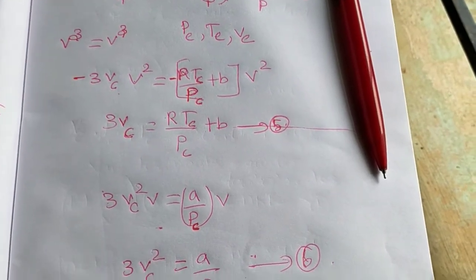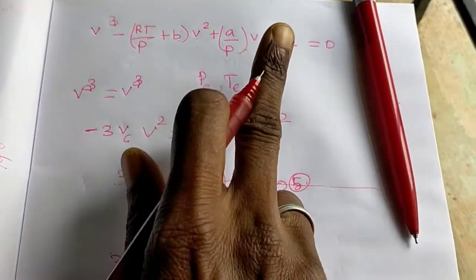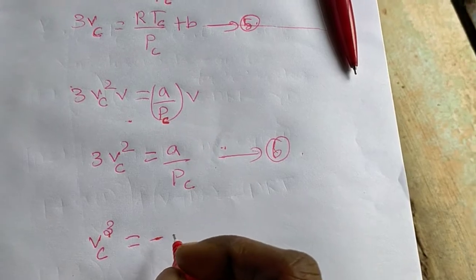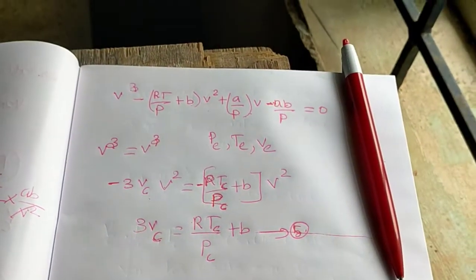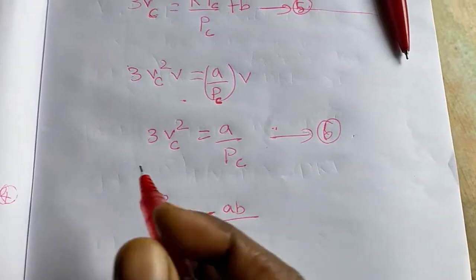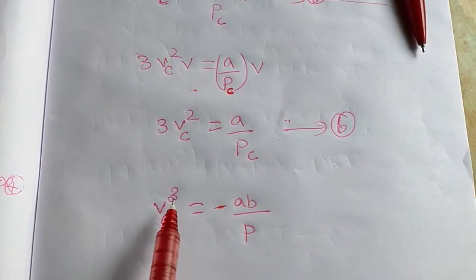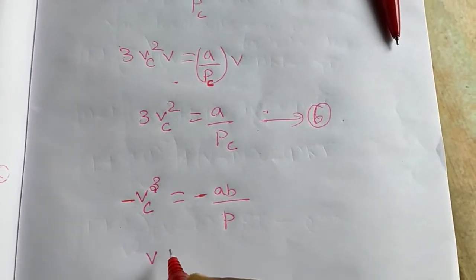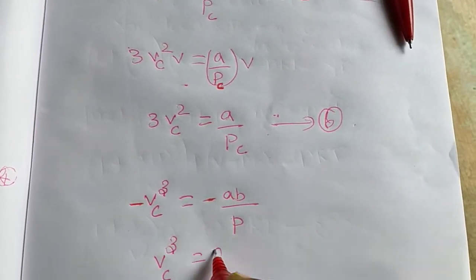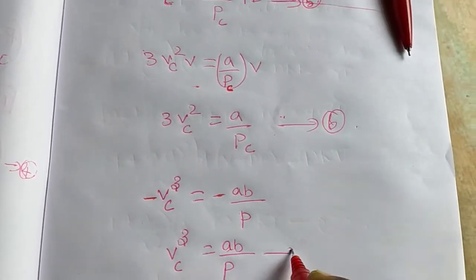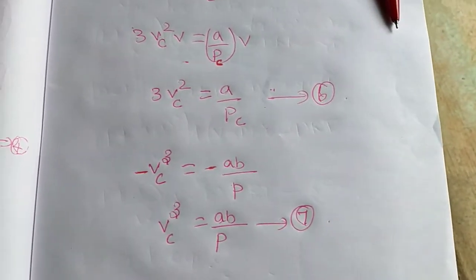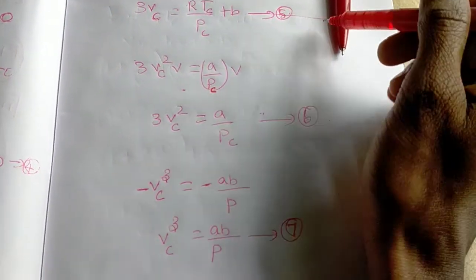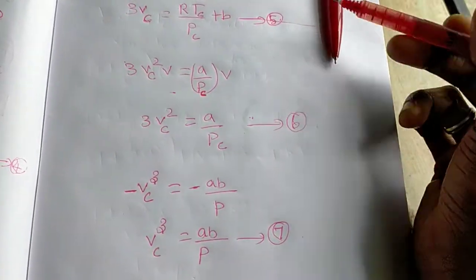So Vc the whole cube equals minus AB divided by P. Here also Vc cube has a minus term, so you can cancel the minus on both sides and write Vc cube is equal to AB divided by Pc. Name this equation 7.